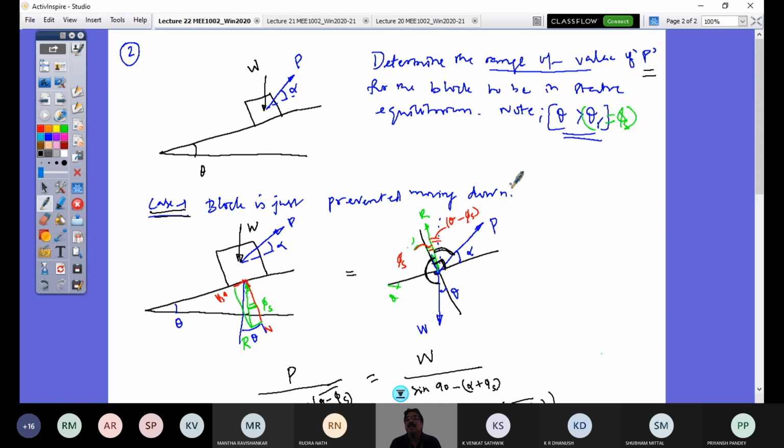Do you have a class next period? Yes, sir. So I leave it to you as homework; otherwise, we will continue in the next class. Hopefully, you will be able to solve. The only thing is, in that free body diagram, this friction force would be in this direction.